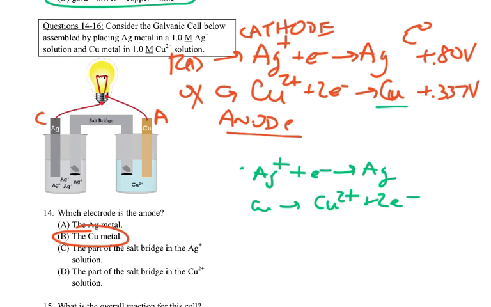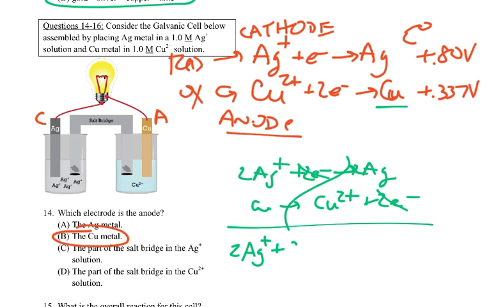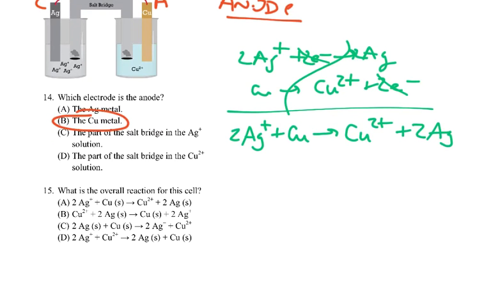So in order to make this work, I'm going to double everything in this first reaction and put it together. When I put it together, the electrons cancel out. So I have 2 Ag pluses plus copper turns into copper 2 plus plus 2 Ag neutrals. And I'm looking for an answer that looks something like that. So silver ion and copper. And this answer 1, right there, that's my reaction.